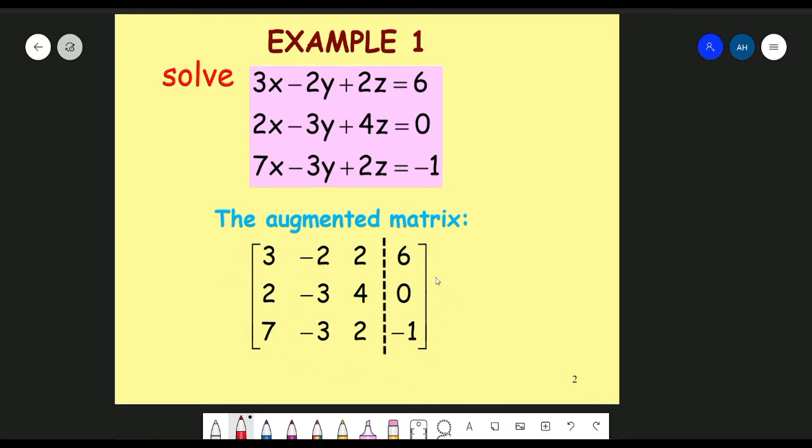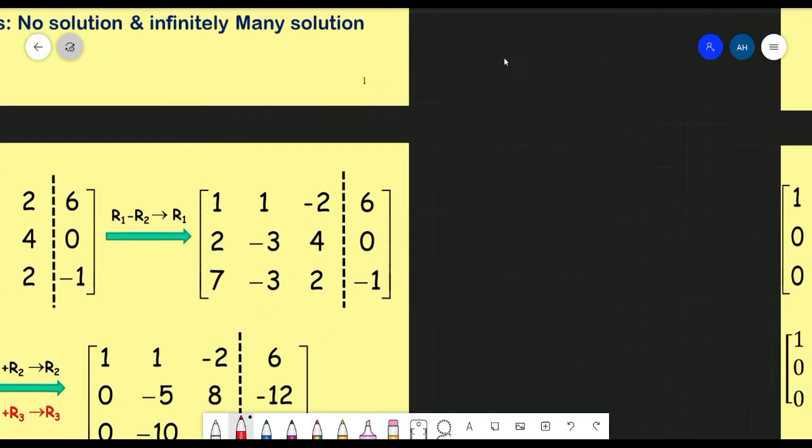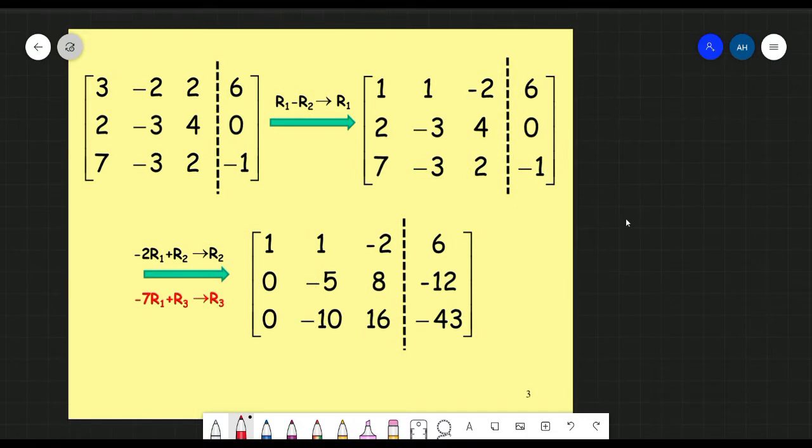So let's use this matrix and apply elementary row operations on it until we fulfill all the requirements in the target. Let's do ERO, elementary row operations, on that matrix. This is the original matrix that we get from the system of linear equations.